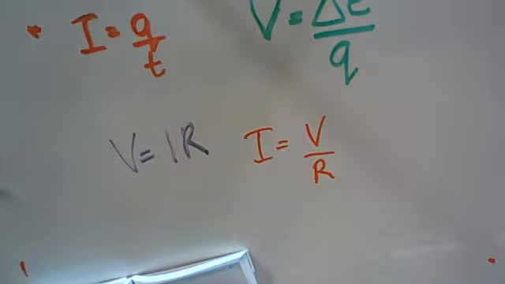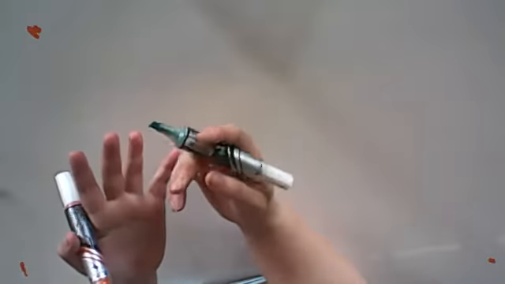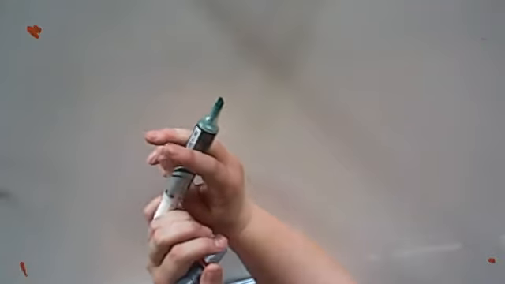So if we move on to, I just mentioned it a minute ago, the idea of internal resistance. The idea that inside something like a battery, there is a little bit of resistance. There is a little bit of energy exchange taking place.